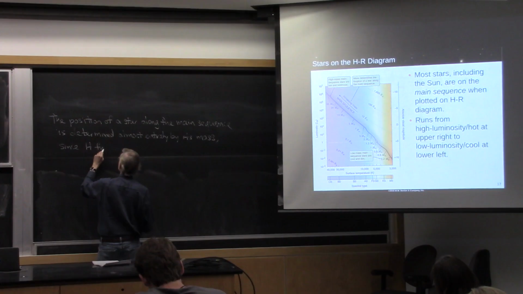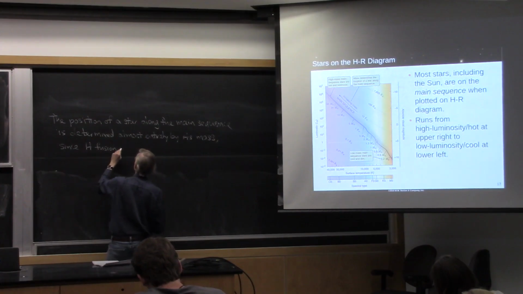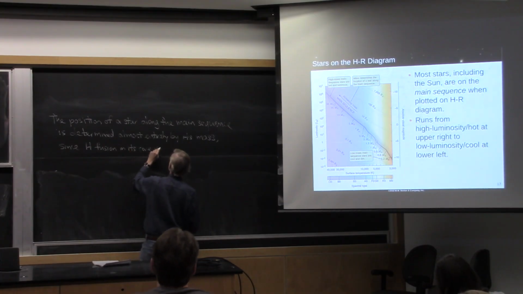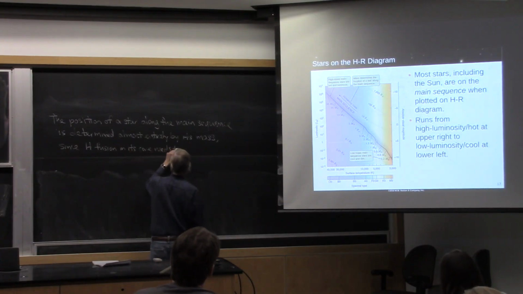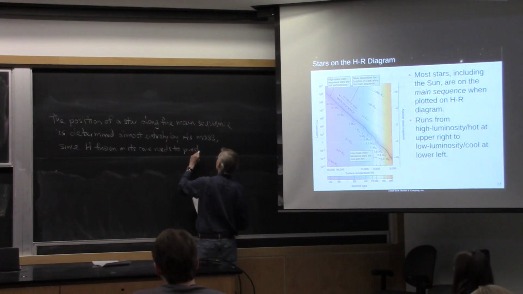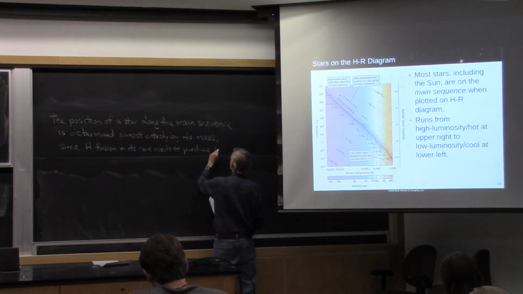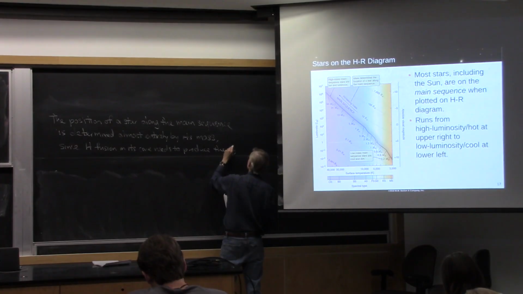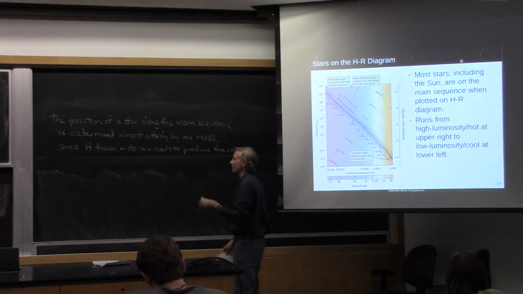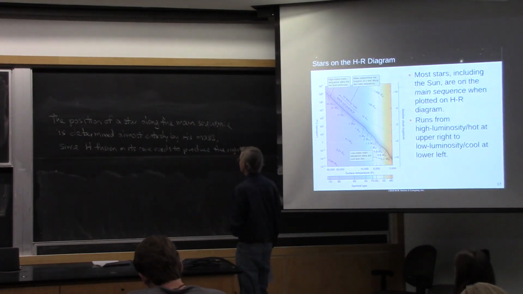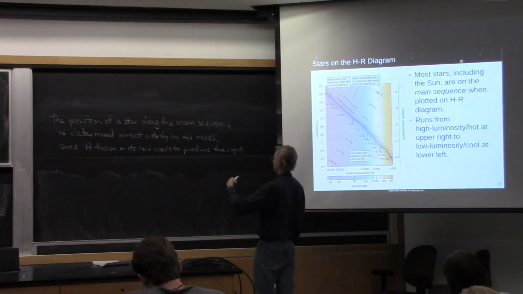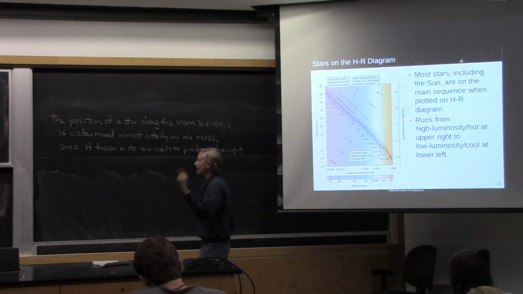Since H fusion in its core needs to produce the right amount of pressure to support the star's weight. There's going to be a detailed pressure profile, how it varies with position within the star, but as a quick summary, it has to produce the right amount of pressure.